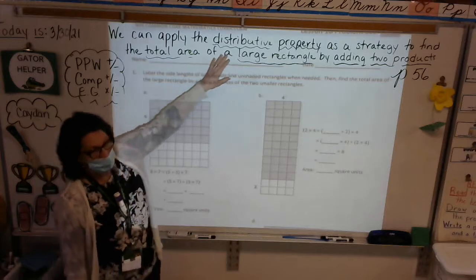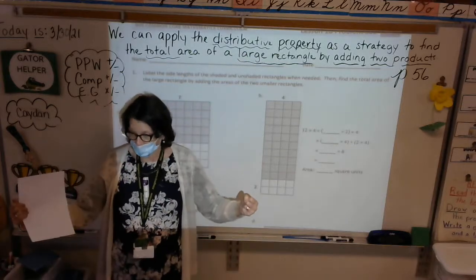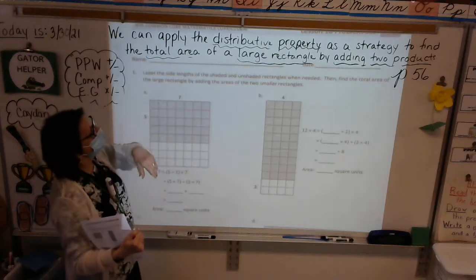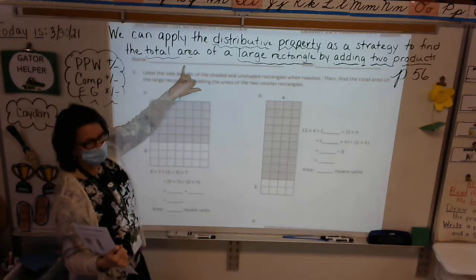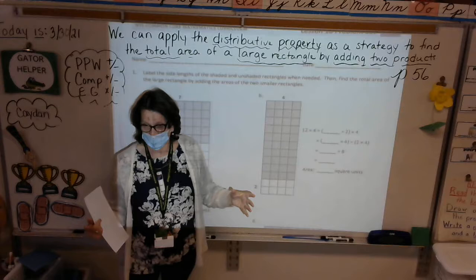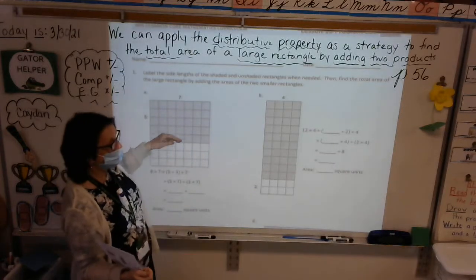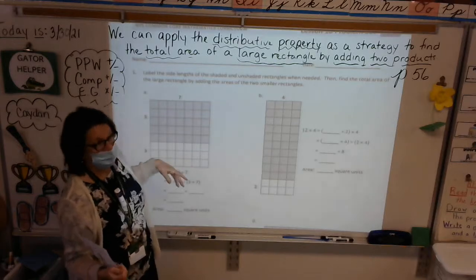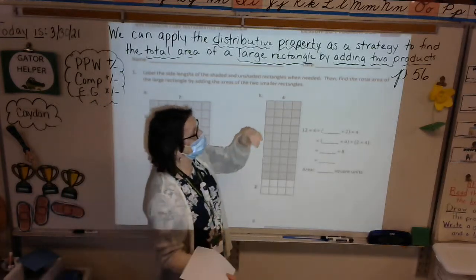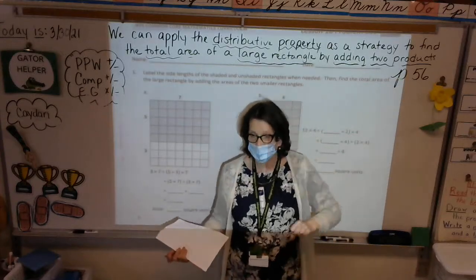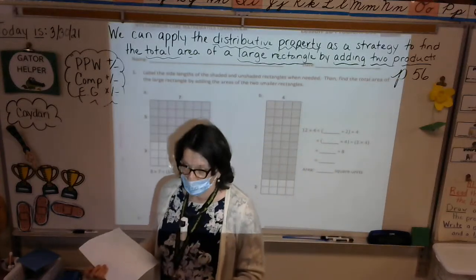So distributive property means the break apart strategy. Very good, Raghav. And the total area of a large rectangle, that means we're going to take a large rectangle and we're going to break it apart or decompose it into two smaller rectangles. Once we do that, we will find our area of the large rectangle by adding two products. And remember, product means the answer when we multiply.